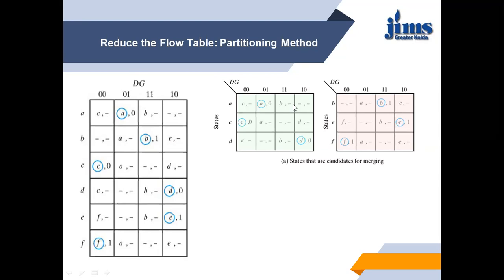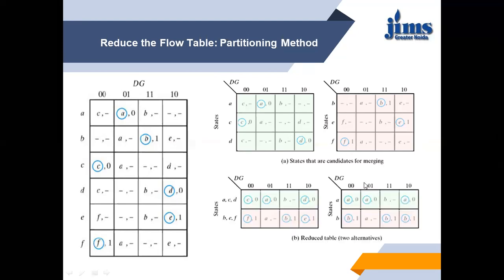In this way, these can be merged into one, and these can be merged into one. Like A, C, D we have merged. For the first column, it is C comma 0, C comma 0. A comma 0, A comma 0, here is B comma dash, here is D comma 0, D comma 0.